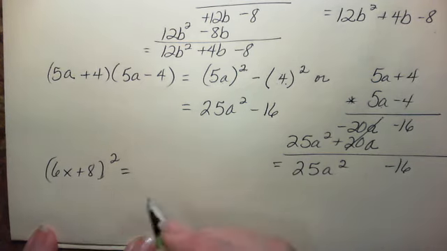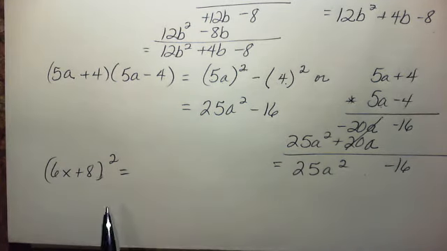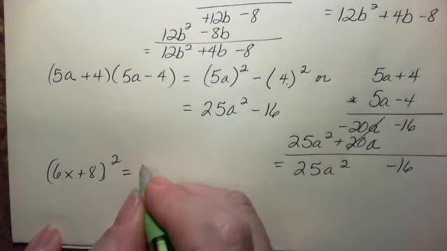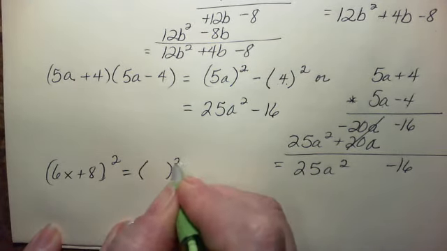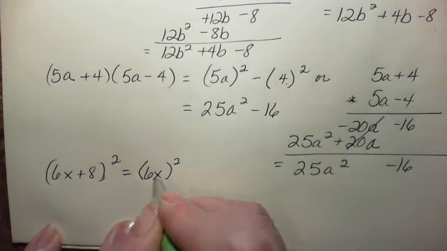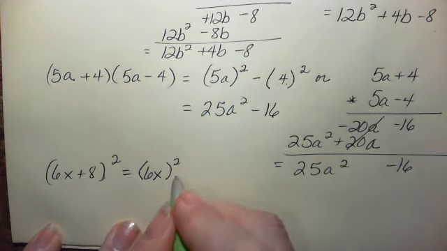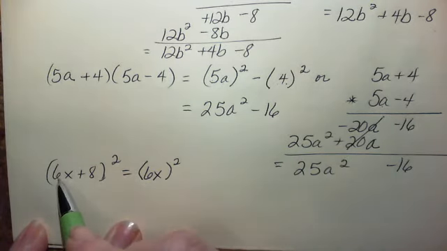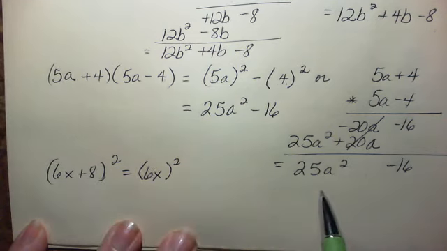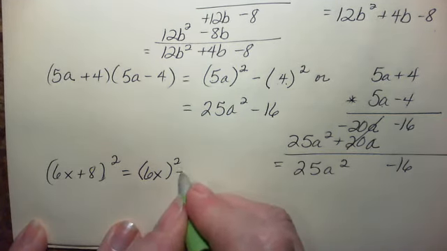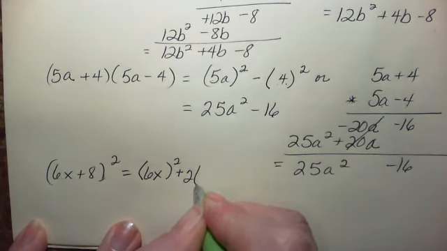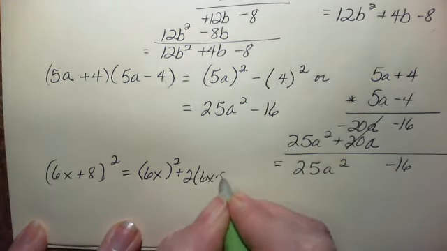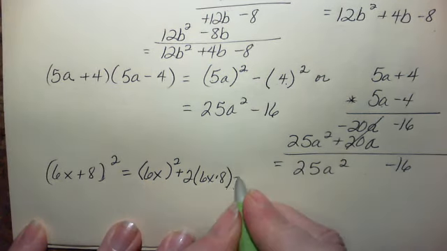Alright, again, for this third one, there's a pattern. When you square a binomial, there is a pattern. When we square a binomial, it always comes out to fit this pattern, where we square the first term, that would be 6x, and then we end up with 2 of the middle terms that are the same. We'll prove this when we show it the long way later, but this would be plus 2 times 6x times 8, and then we square the last term.